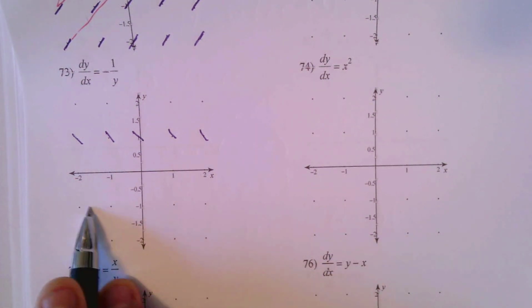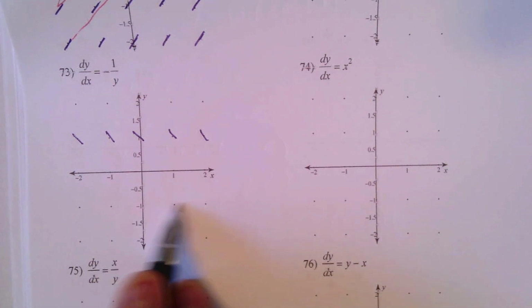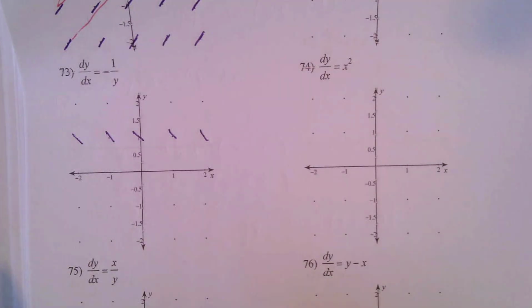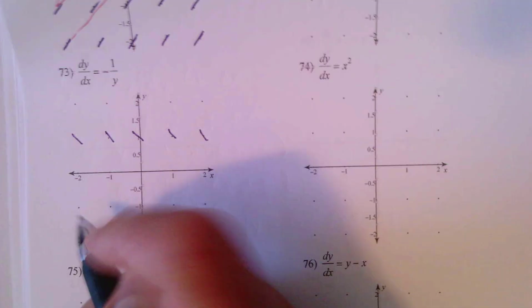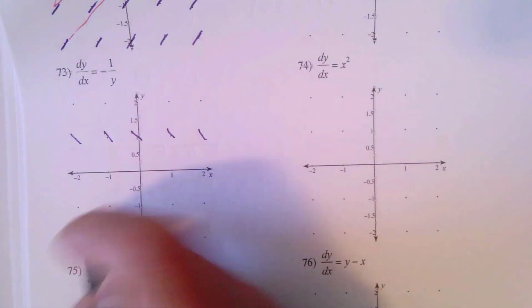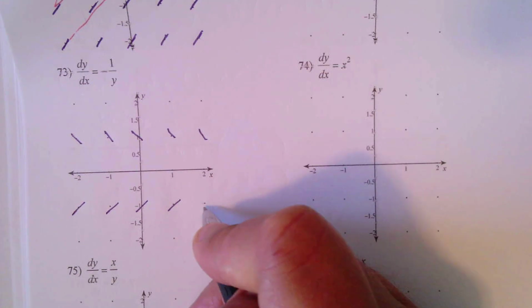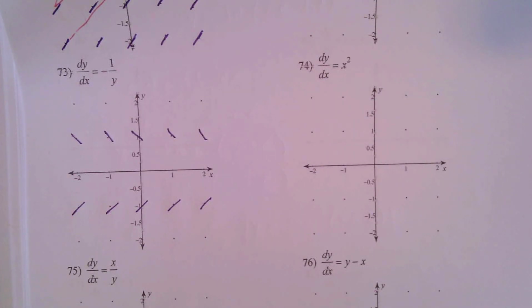What about down here? Now all these points along this line have a y value of -1. If we put -1 in there, that tells us that -1 divided by -1 is going to be a positive 1. So the slopes here would look like positive 1.